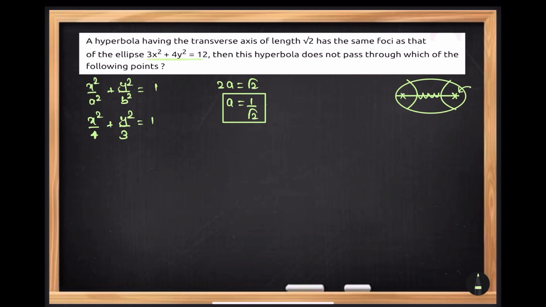So we will find out the foci of the ellipse. You know that the foci of the ellipse are (ae, 0). The same foci will be taken over by the hyperbola as well. So let's go through it.